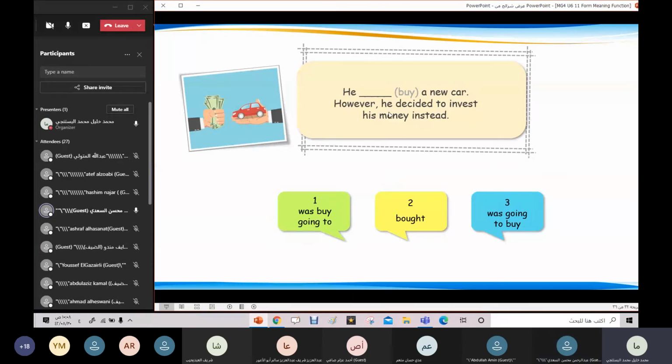A new car. He decided to invest his money instead. I think this is what? He was going to buy. Yes, read it, Muhammad. Okay. Me? Abdurrahman, sorry. He was going to buy a new car, however, he decided to invest his money instead. Good.